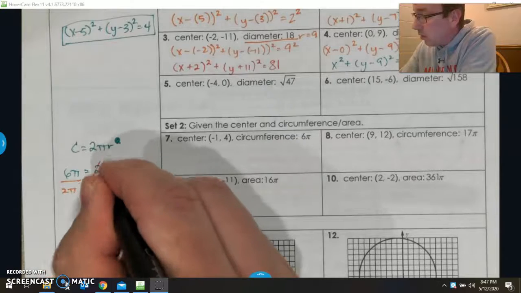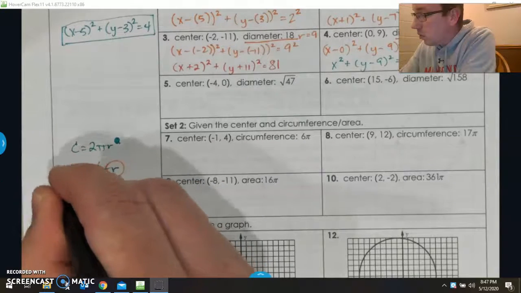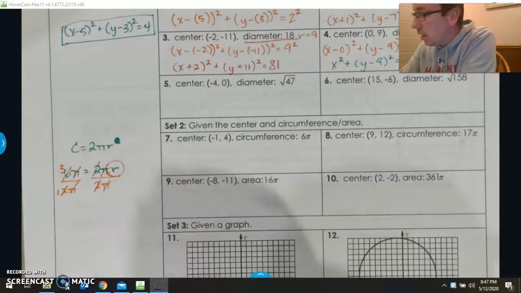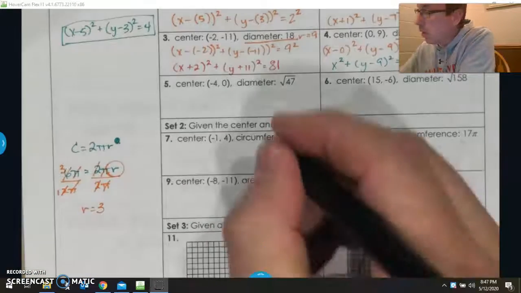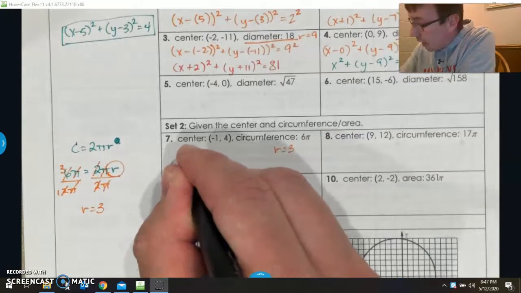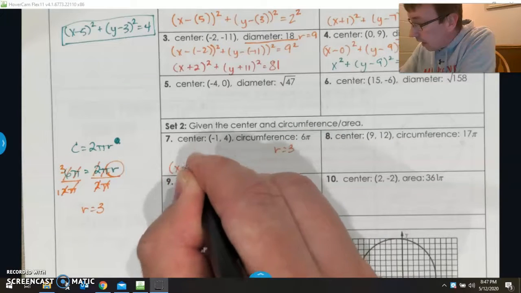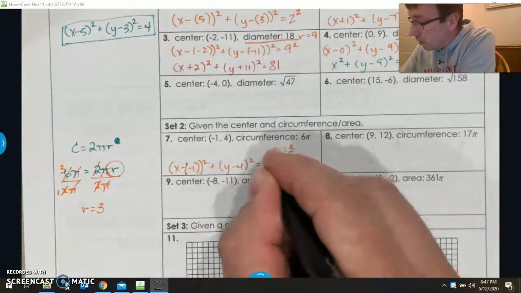This 2 will cancel, this pi will cancel, left with r on this side. 6 divided by 2 is 3, so r will equal 3. So again, (x minus -1) squared plus (y minus 4) squared is equal to 3 squared.